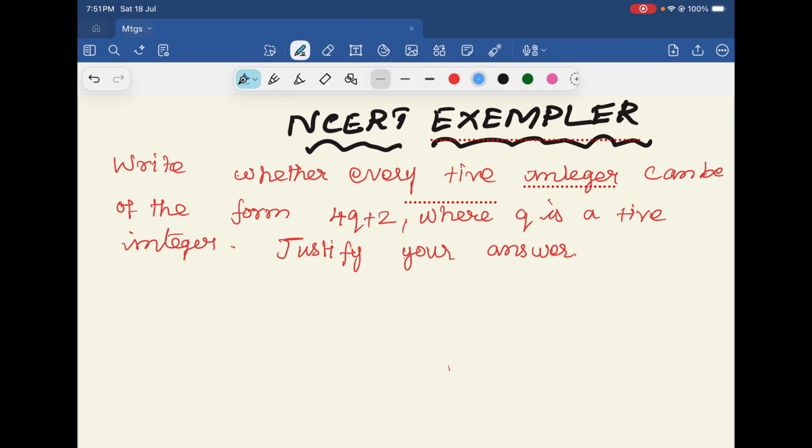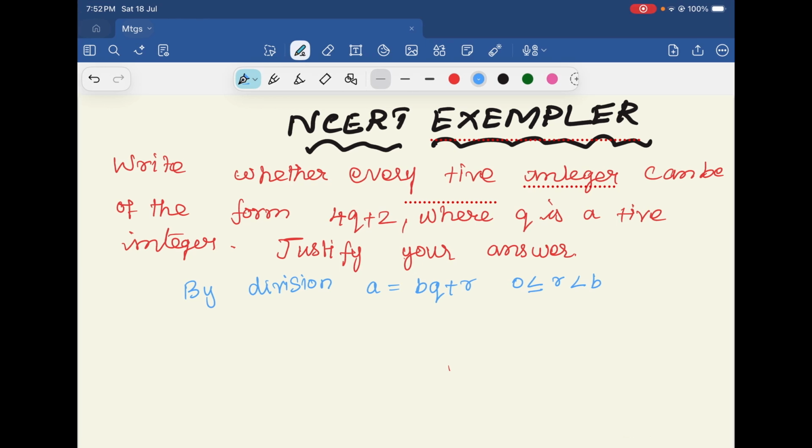4q plus 2. So by division lemma, every positive integer can be expressed in the form a equal to bq plus r, where 0 less than or equal to r less than b.